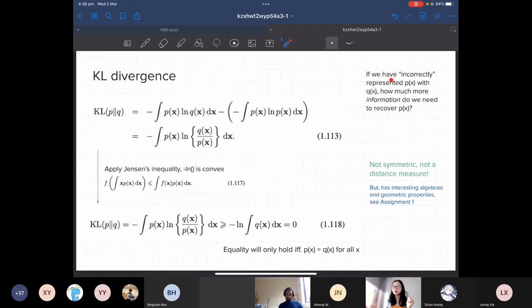The intuitive question it tries to answer is: if we have incorrectly represented P(x) with Q(x), how much more information do we need to recover P(x)? In the mathematical expression, the bottom part is essentially the entropy of P(x), and the top part is the cross entropy. Q(x) is in the log, but the expectation is taken over P(x), subtracting the entropy of P(x).